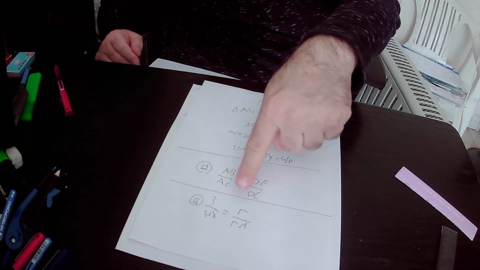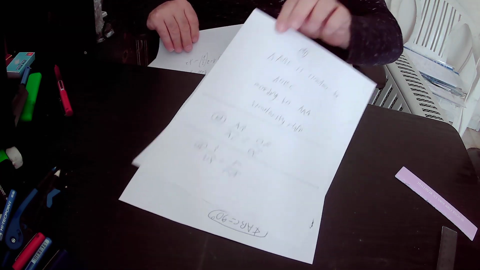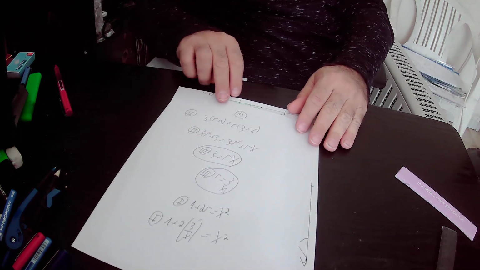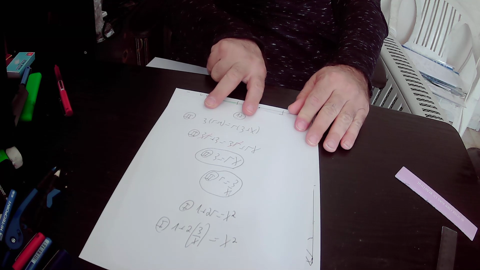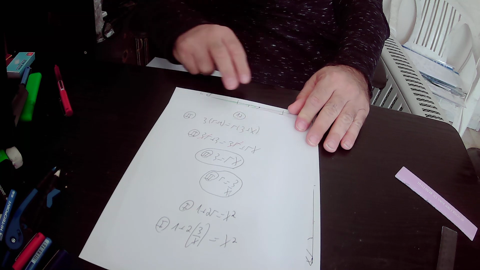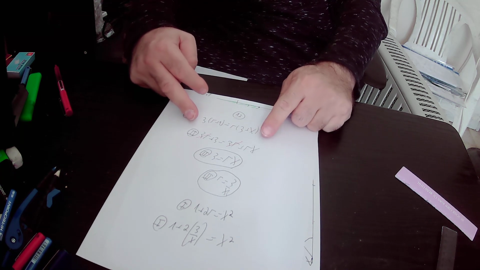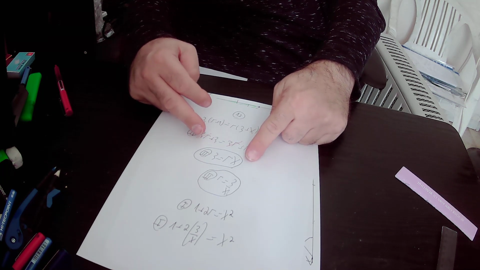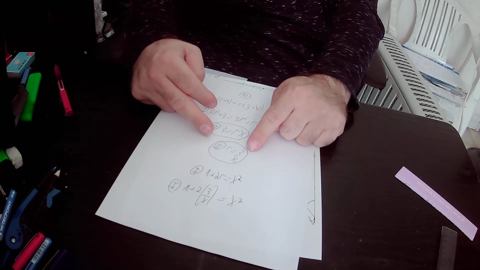We cross multiplied equation number 2, and we got that 3 times (R plus 1) equals R times (3 plus X). We opened the brackets in equation number 2, and we got that 3R plus 3 equals 3R plus RX. Here we subtracted 3R from equation number 2, and we got that 3 equals R times X. We divided equation number 2 by X, and we got that the radius of the semicircle equals 3 over X.